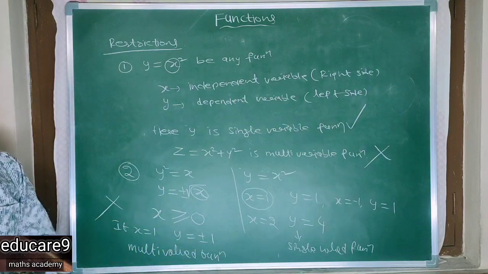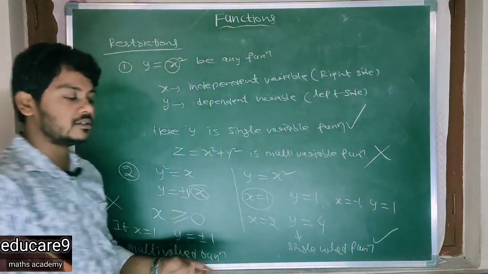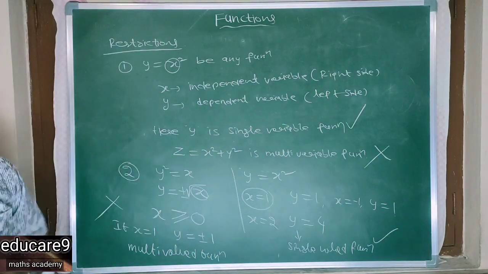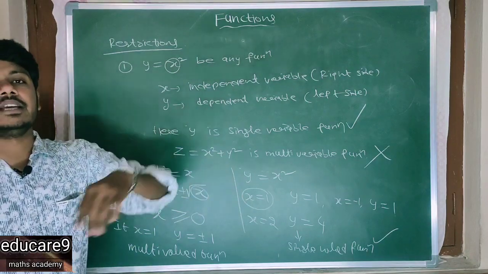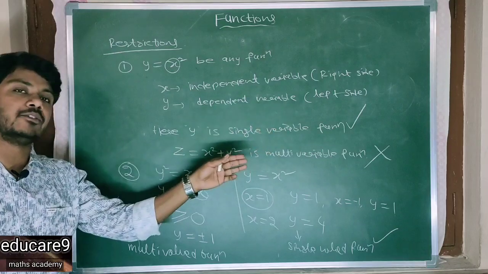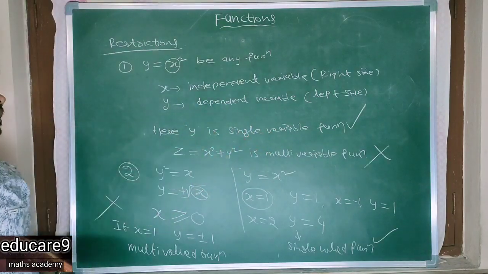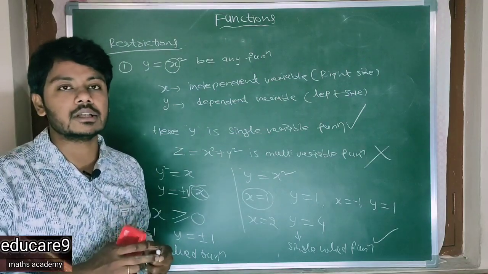So this is not a function. So in this function you can use single valued functions. Don't use multi-valued functions. And one more restriction, root values are always positive. So don't write negative. If you write negative, that is imaginary. But in a function you can use real numbers. Don't use complex numbers.